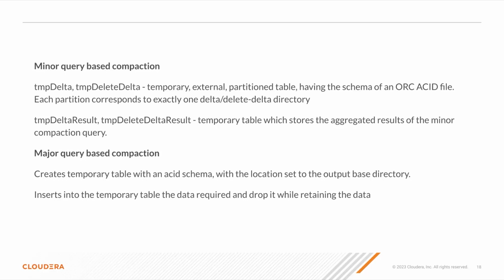Once it's done, the original table is mapped to that so that the compacted directories will be read by the original table further. So all these will be in query format.